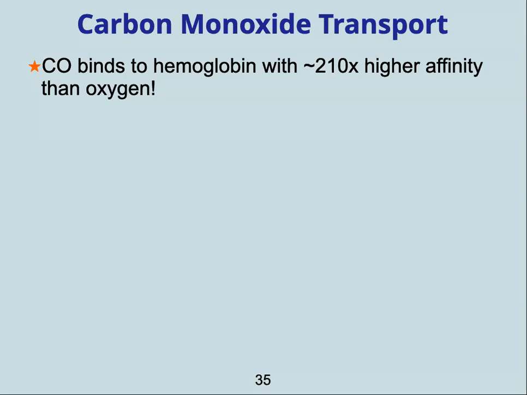And the slow release rate of carbon monoxide causes an accumulation of carbon monoxide bound hemoglobin molecules as exposure to the carbon monoxide continues. And because of this, fewer hemoglobin molecules are now available to bind and deliver oxygen. And this causes a gradual suffocation associated with the carbon monoxide poisoning.